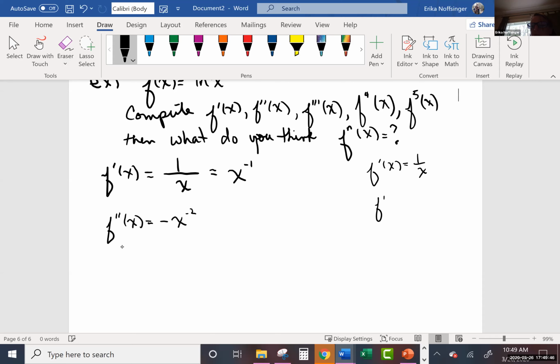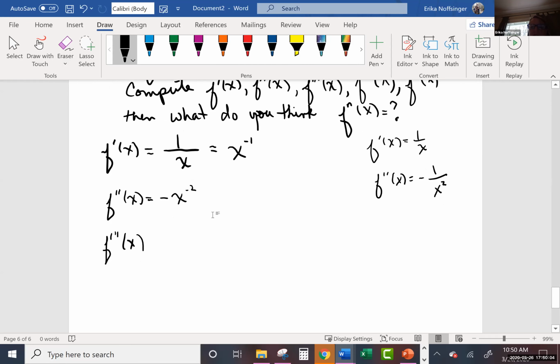I'm going to list it over here in power form. It's 1 over x squared, but I want to leave it as a negative exponent because this makes it easier to take the derivative. So taking the derivative of the second derivative, bring our power down front, negative 1 times negative 2. So this is equal to 2, and x raised to the negative 3rd power now. So this is 2 all over x cubed.